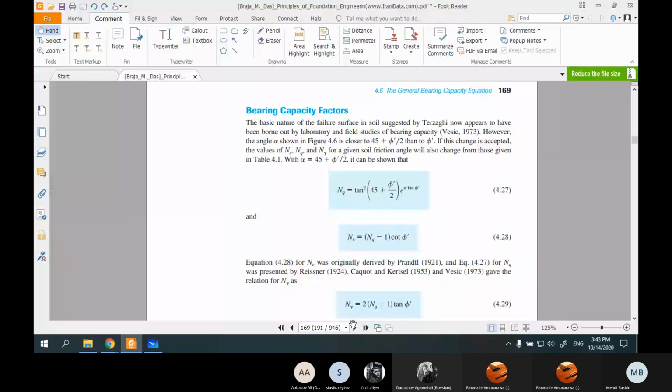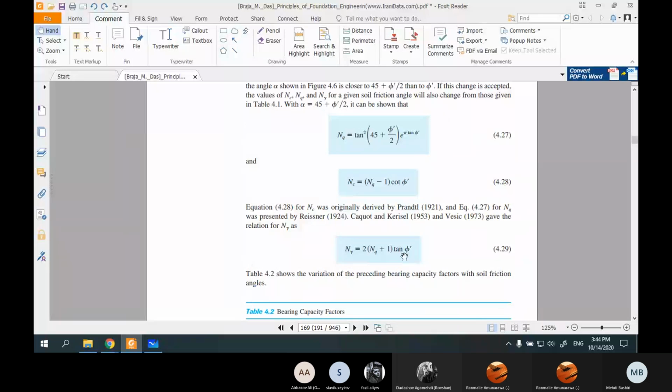So other researchers found that the basic nature of the failure surface in soil suggested by Terzaghi appears to have been borne out by laboratory and field studies. What does it mean? That means they are based on studies and experiments. They found the original factors were not accurate, so they suggested different equations. Nq is this one, Nc is this one, and N gamma is this one.